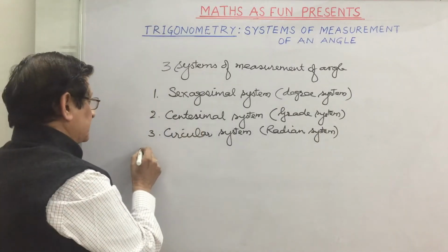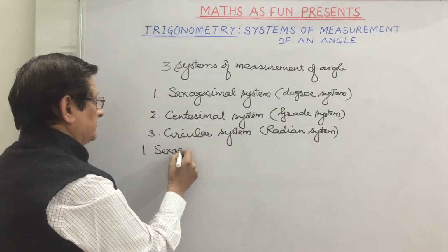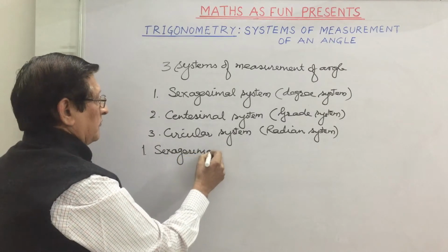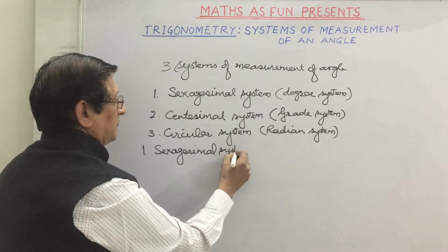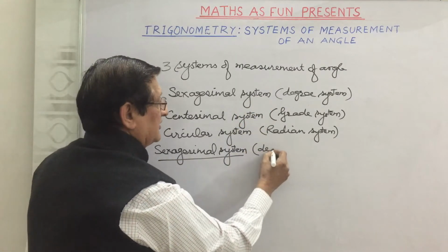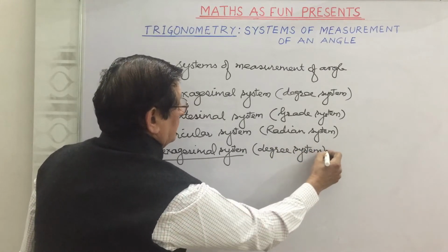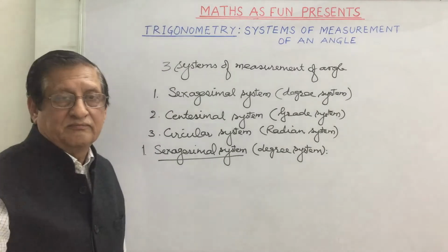Let's learn about the first one now. The first one is sexagesimal system, or as I told you, we know it as degree system also. What we do in this system?